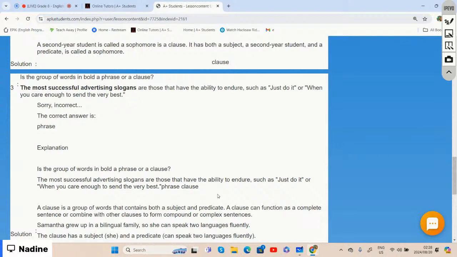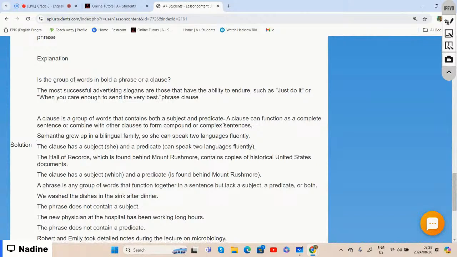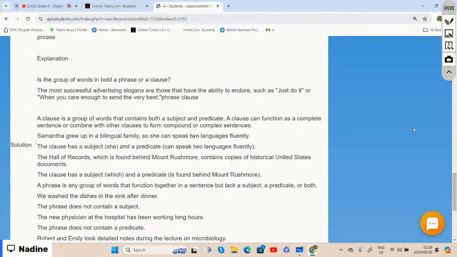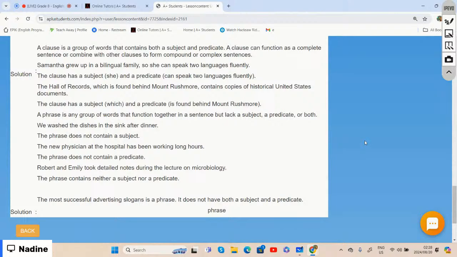And if we look at this one, especially the one that is bold, that says the most successful advertising slogan, then we can say that that is a phrase. It is a phrase, and we see the phrase is a group of words that functions together in a sentence, but it lacks either a subject or it lacks a predicate. So that is a phrase.